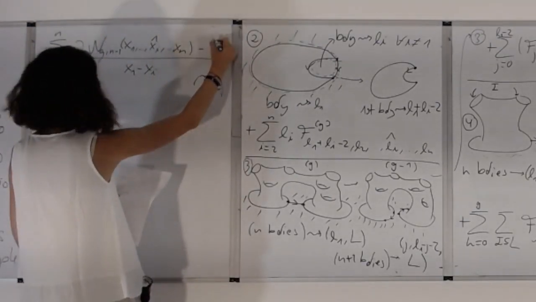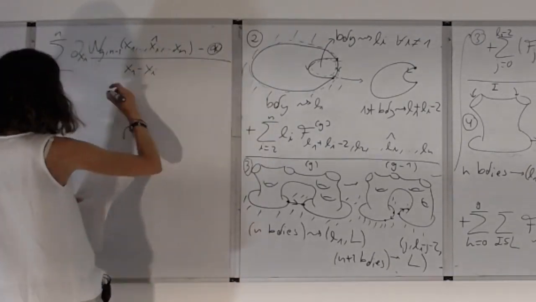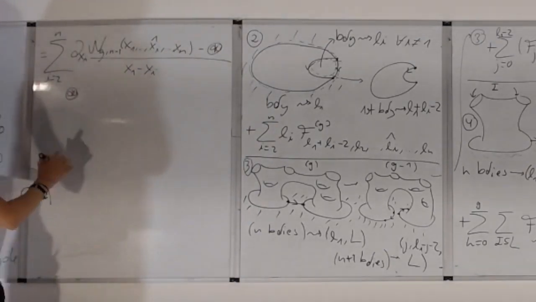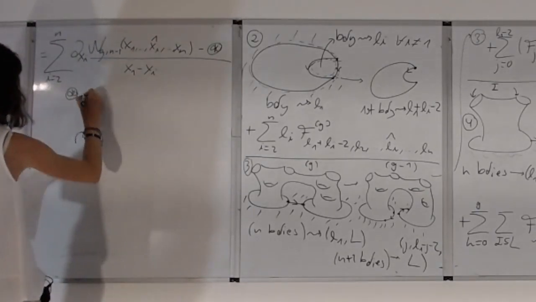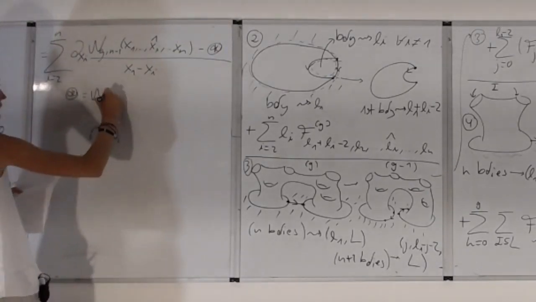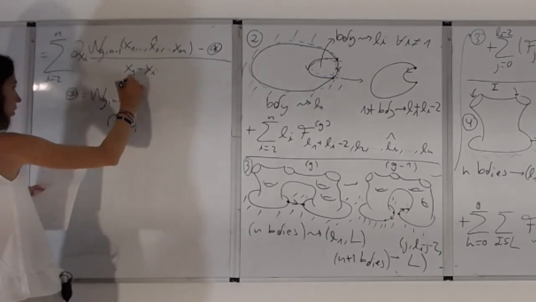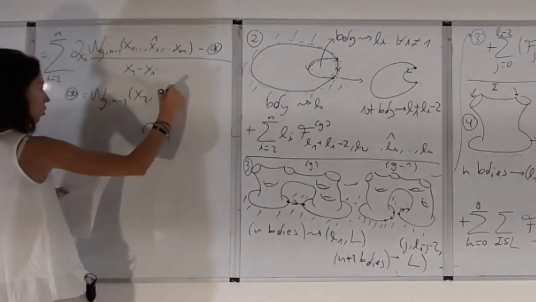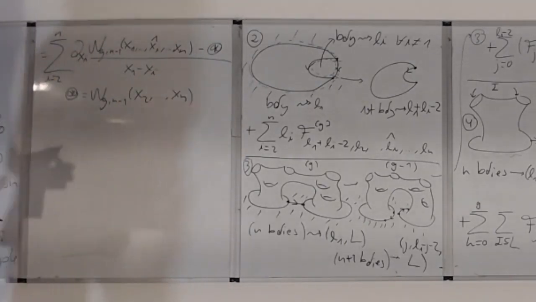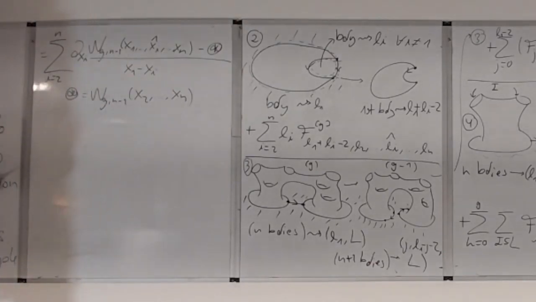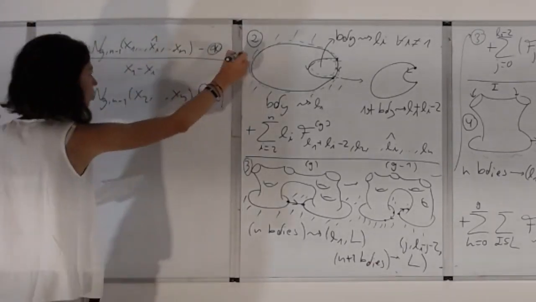So now I need to tell you what to put in here. I just write it downstairs. This is just the same thing, just without the x1. So this just comes from number 2.